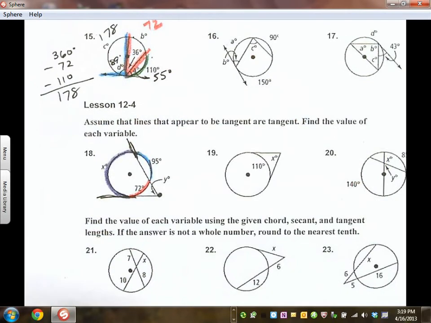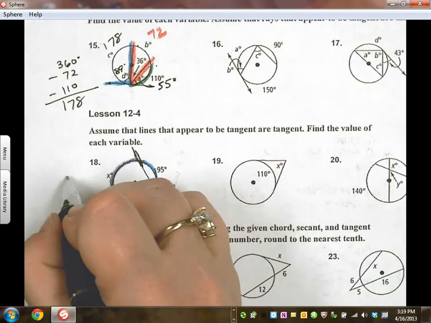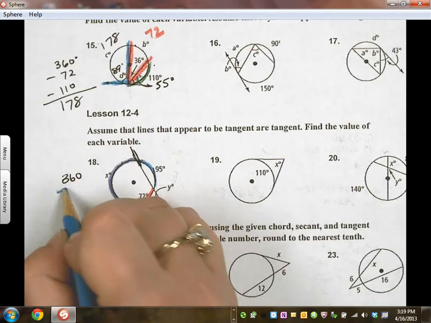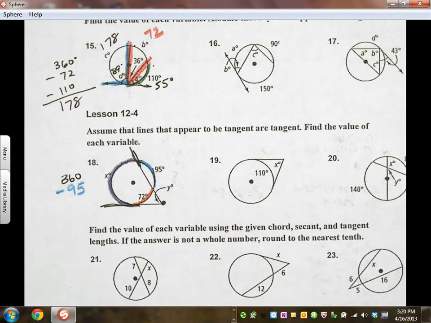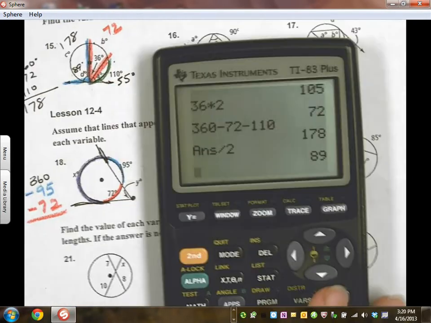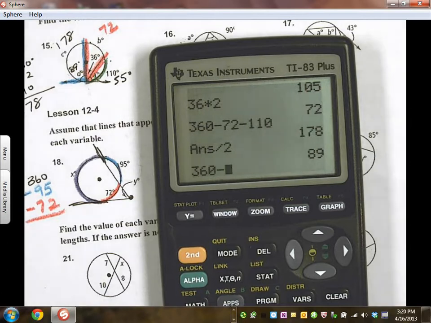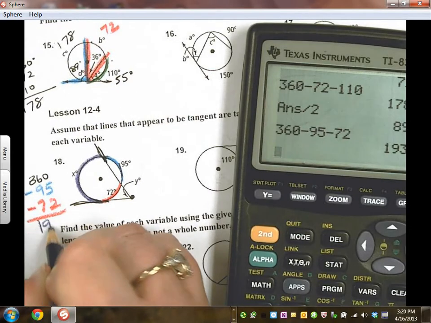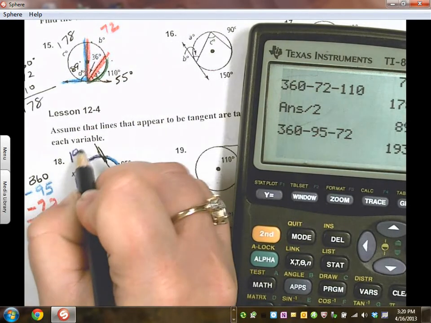Well, the whole thing I just colored is 360 degrees. So 360 minus 95 minus 72 leaves me with that purple arc. So 360 minus 95 minus 72 is 193. So now I know my major arc.